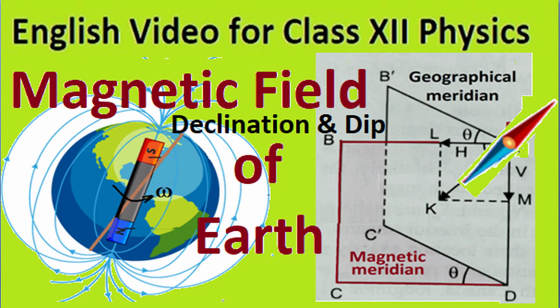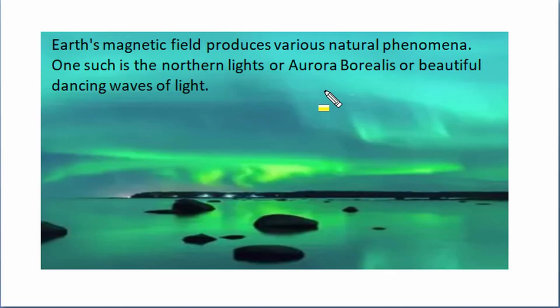You also understand how the horizontal and vertical components vary at different angles of dip, especially at the equator and poles. And you also understood the reason for the magnificent northern lights, or aurora borealis, and how the beautiful dancing waves of light are produced at the northern and southern poles.